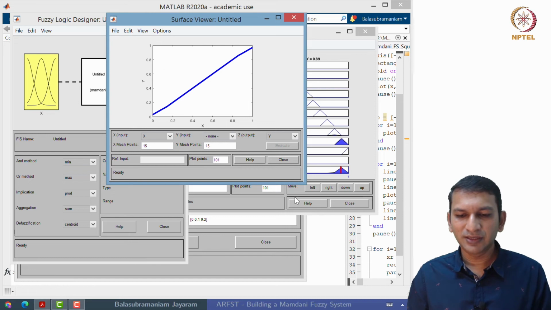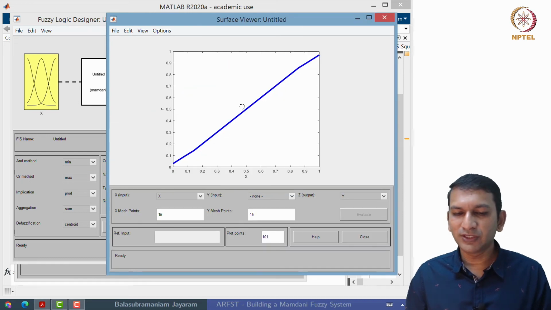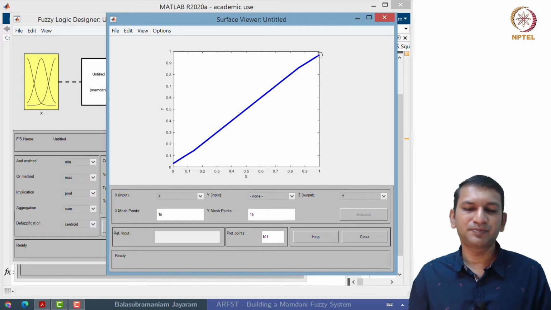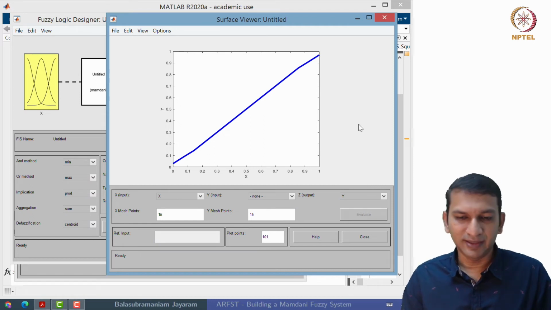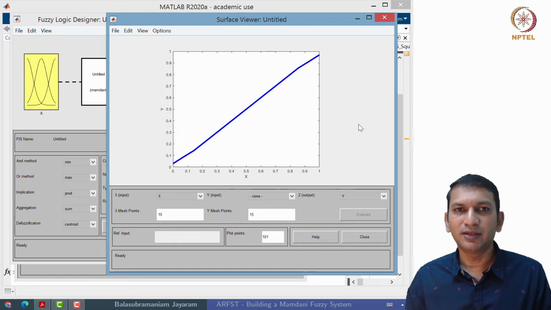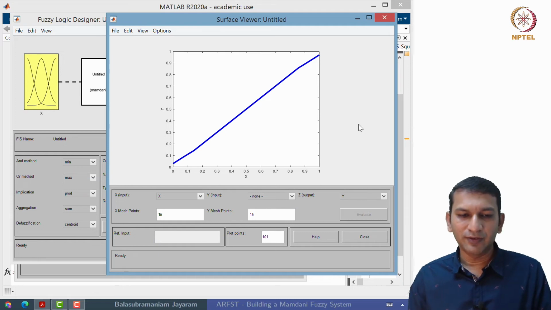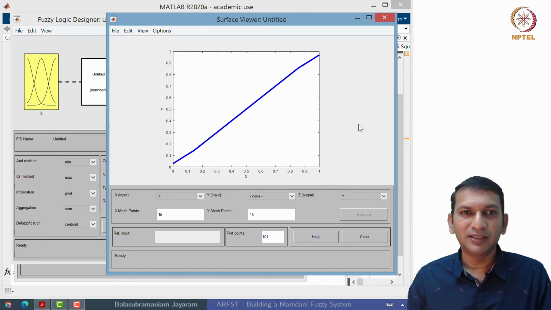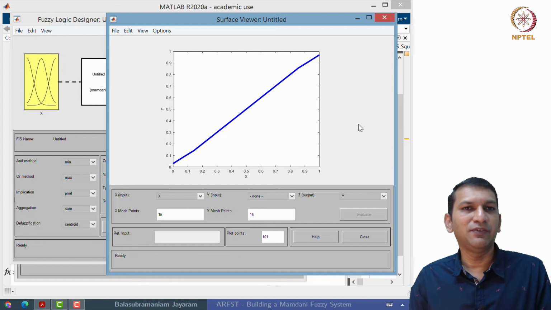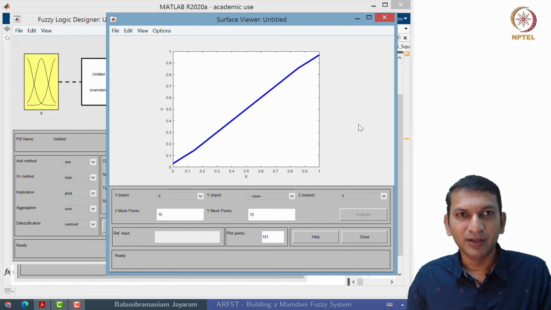Now if you look at the graph of this function, the defuzzified values, for each value that you give here for x, you get a y, and you see that this is essentially your identity function. Thus, what we get here is essentially the function that we wanted to approximate, which is the identity function. And along the way, we have seen that every degree of freedom that we have can make a difference.